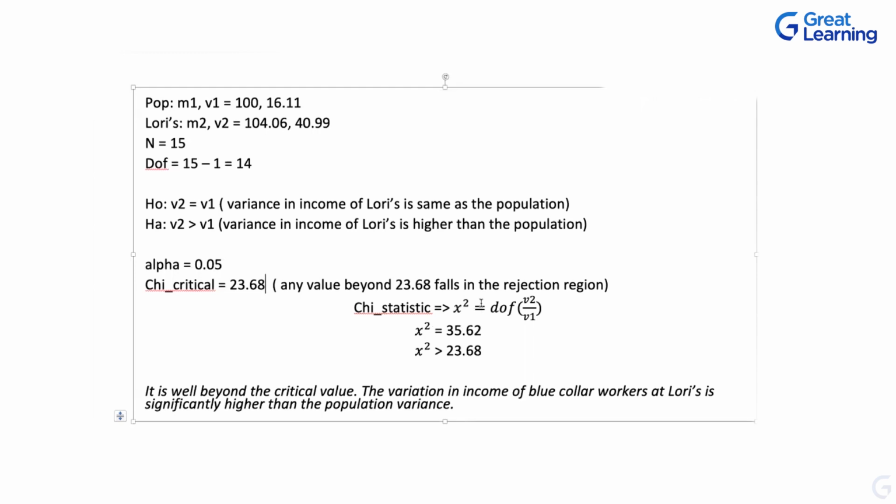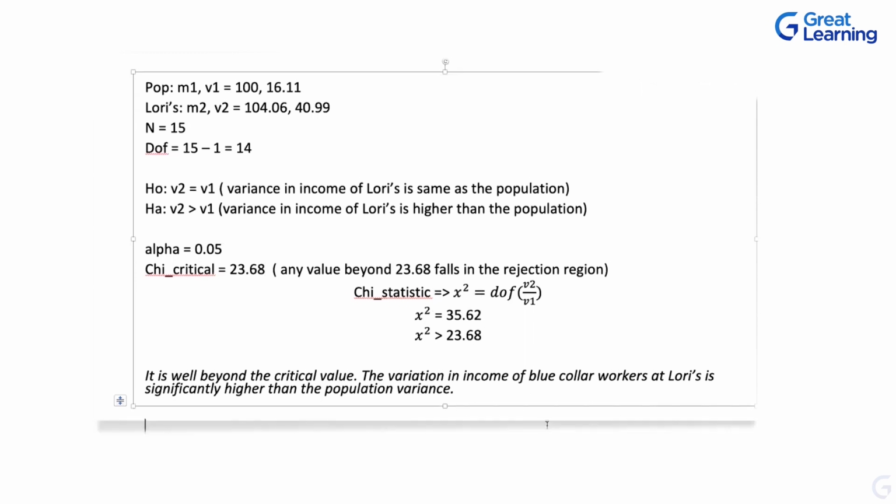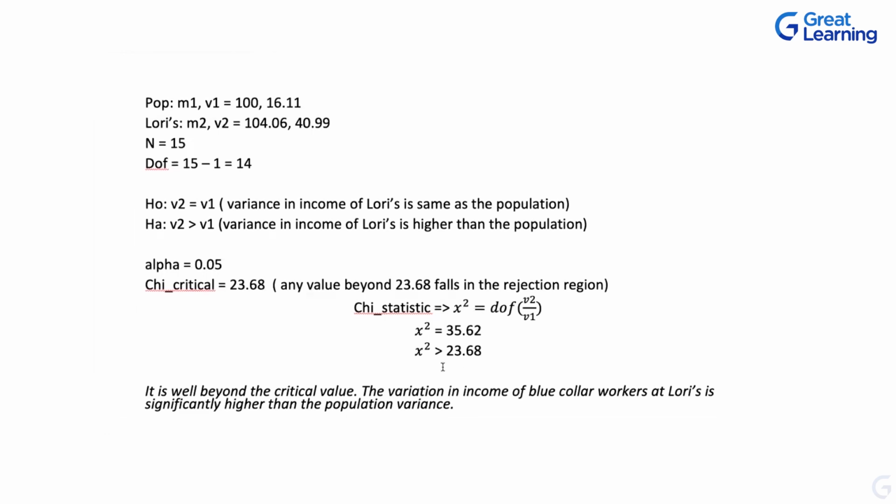So they are putting just x square there, essentially. So the value you get is 35.62, but the chi-square critical value is 23.68. So your chi-square value is much higher than this. So the group has significantly higher population variance on this one. So with Python and all these libraries, you don't need to do this. All these programs throw these at you.